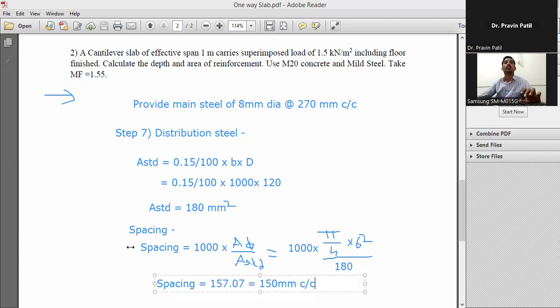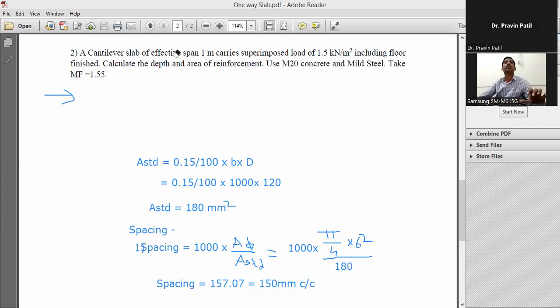Second, for distribution steel: 5D, that is 5 into 120, which is 600 mm.